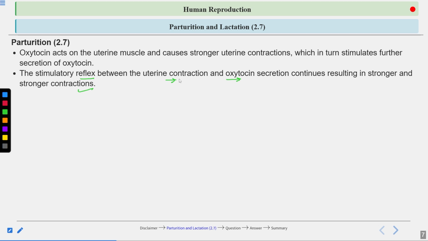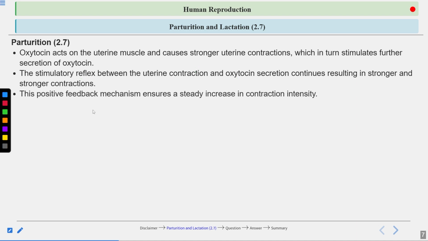Now this uterine contraction is causing the release of oxytocin, and this results in stronger and stronger uterine contractions. This positive feedback mechanism ensures a steady increase in the contraction intensity. So you can see this is a positive feedback. The contractions in the uterus are leading to the release of oxytocin.